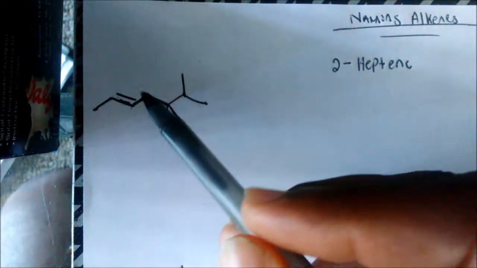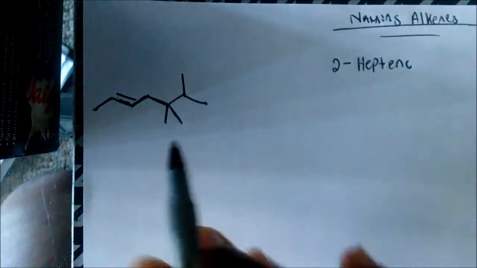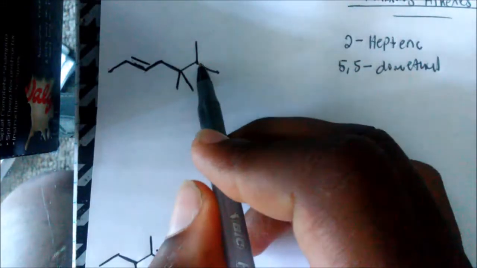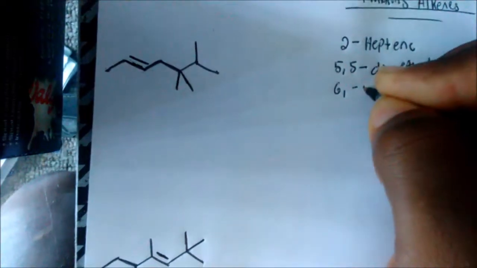And now we just name our substituents like usual. So we have 1, 2, 3, 4, 5. We have 2-methyl on carbon 5. So the substituents is just 5,5-dimethyl because we have 2 methyls, right? And then in carbon 6, adjacent to carbon 5, we have 1 more methyl. So that would be 6-methyl.